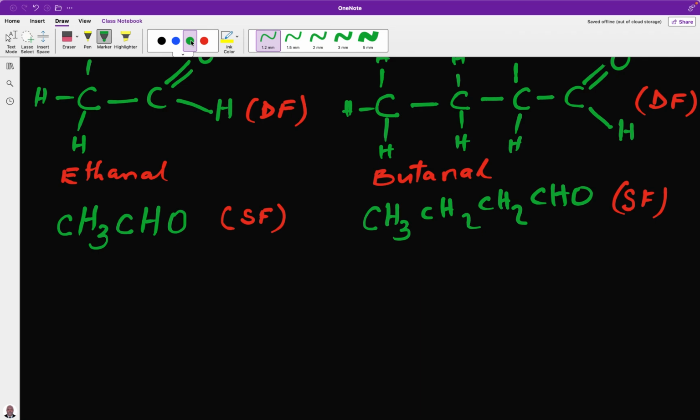For the ketones, we will have 1, there are 4 carbons. Butan-2-one, the second carbon. Then we fill in our hydrogens.